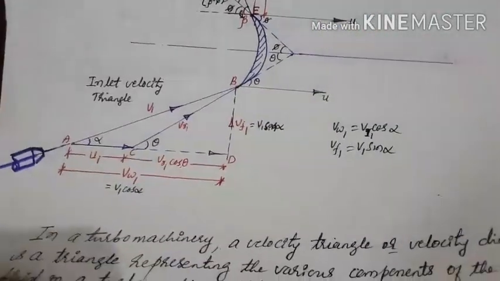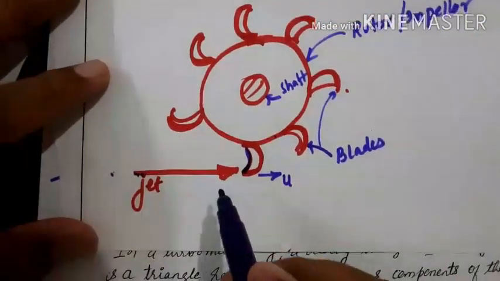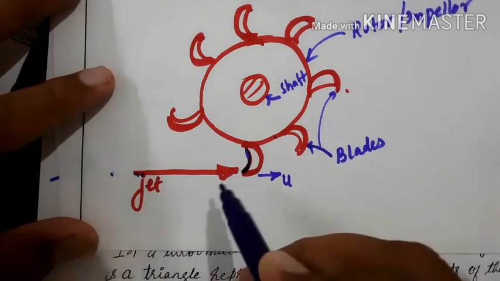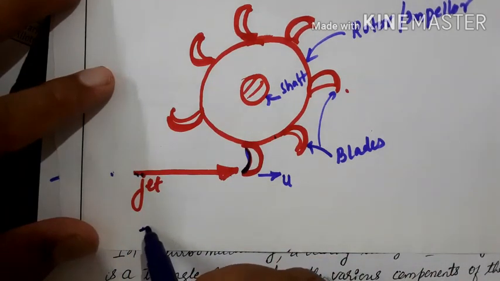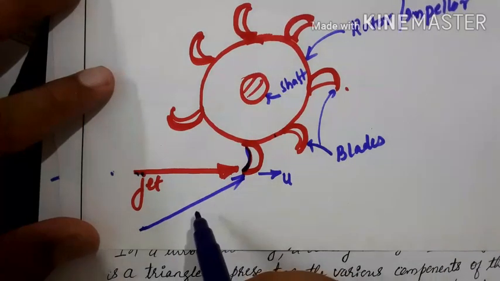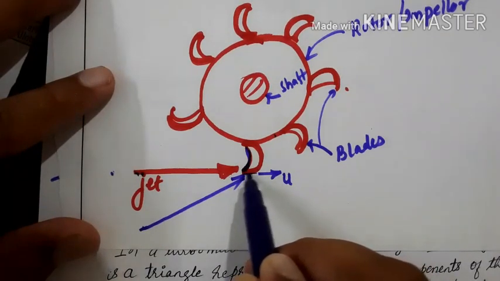See, in this case, as we have taken the jet in the horizontal direction, but actually the jet is striking in this way. So this is the jet and this is the tangential direction.